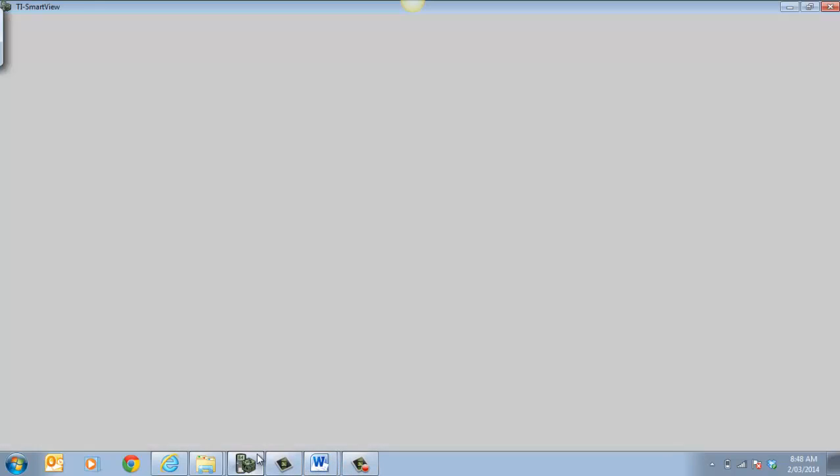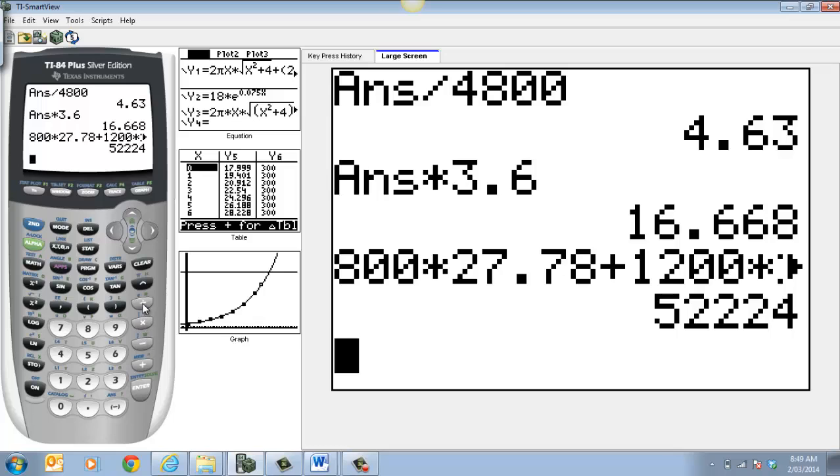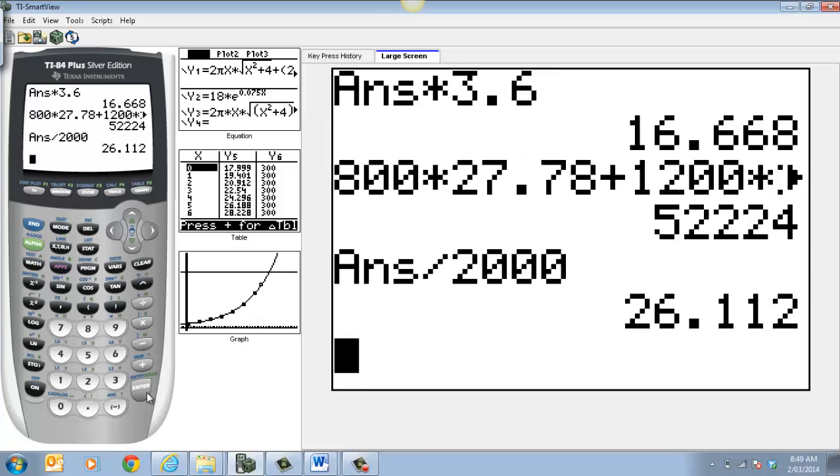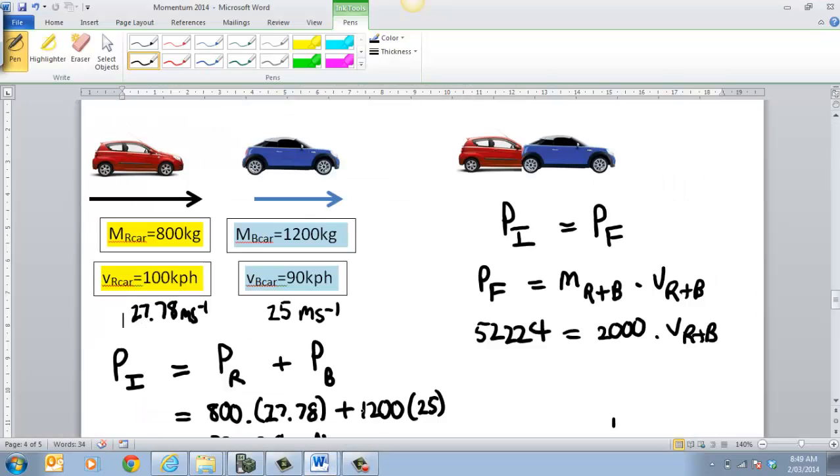So if I go back to my calculator, divide that by 2,000, and that will give me a speed of 26.11. So the velocity of red plus blue is equal to 26.11 metres per second.